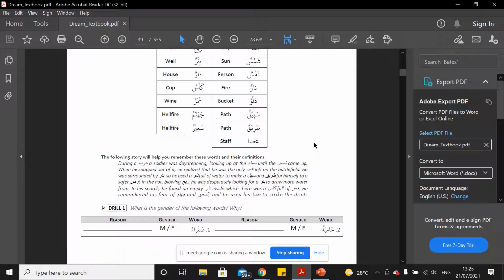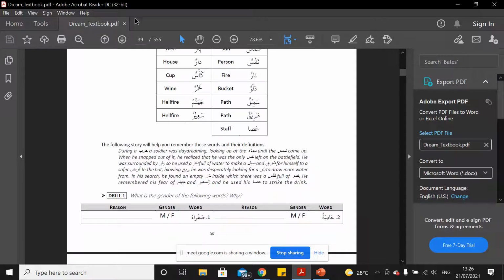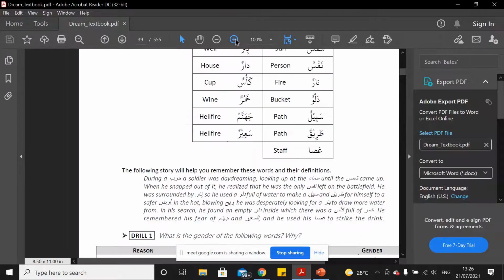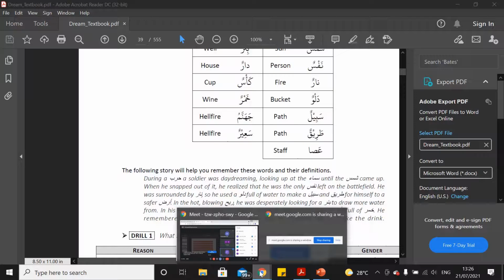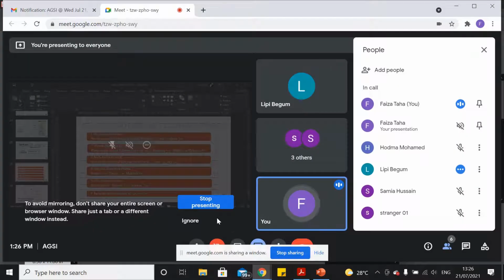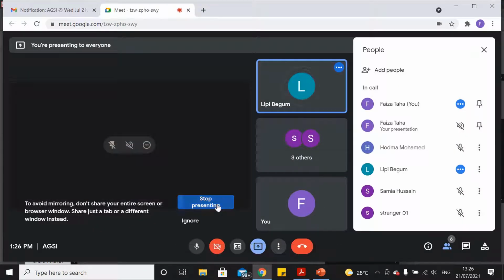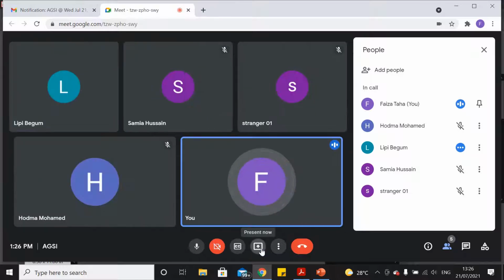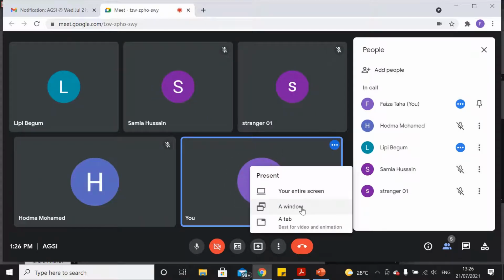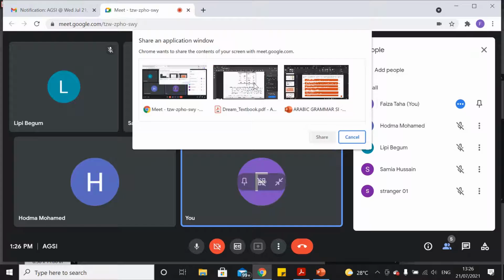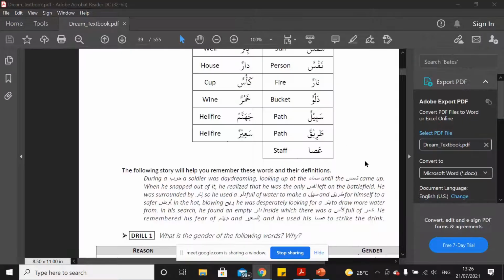Can you see my screen? No. I'm so sorry. I thought I was sharing. I have been reading all the time, but you cannot see my screen. Oh, I'm so sorry, ladies. Can you see my screen now?